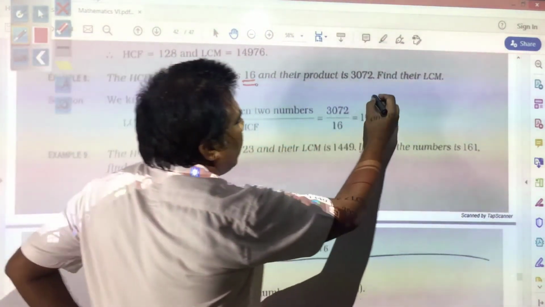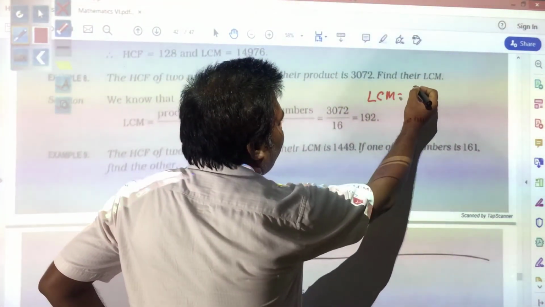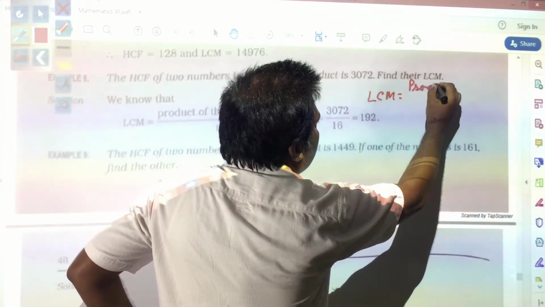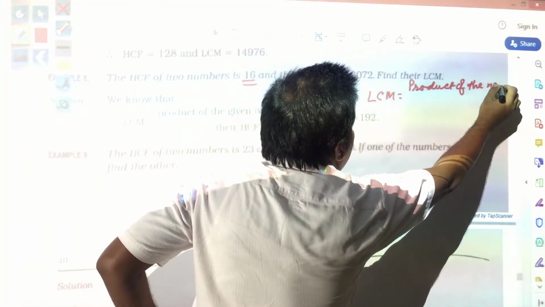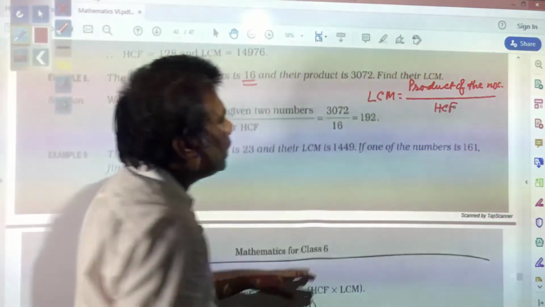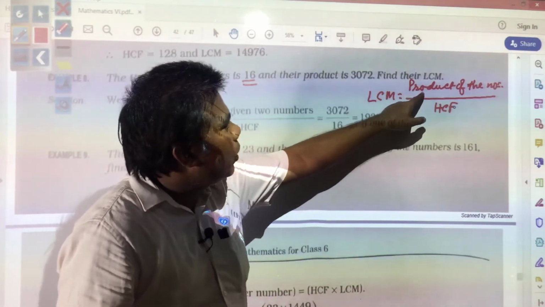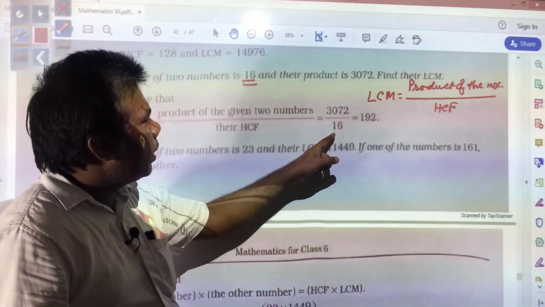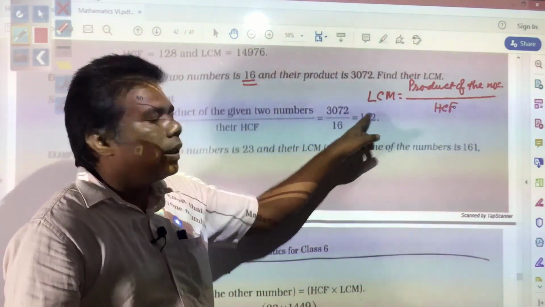So, LCM will be, as I have just told you the formula, first number into second number, or you can write product of the numbers divided by HCF. Since you have been given the product of the numbers, that is 3072, and HCF, that is 16. So, 3072 divided by 16, you have got 192. So, LCM will be 192.